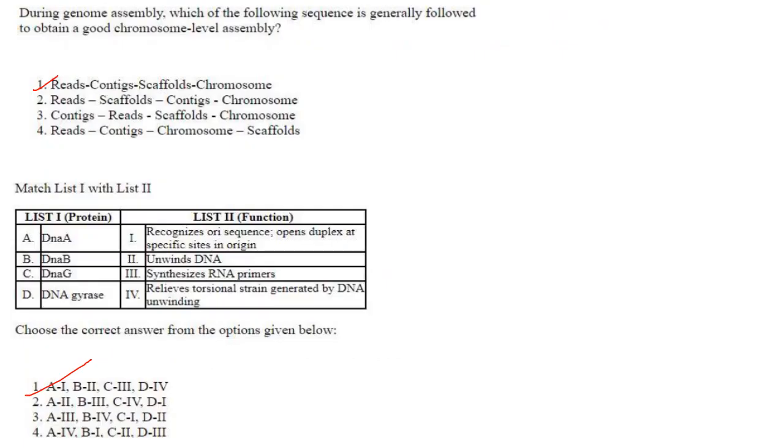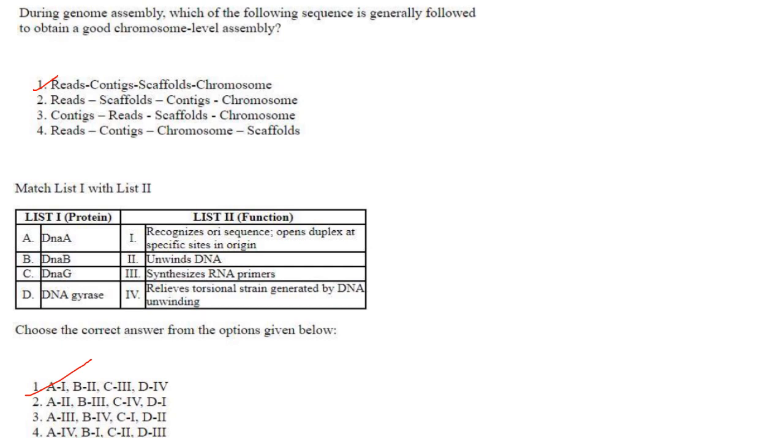Then next one. During genome assembly, which of the following sequence is generally followed to obtain good chromosome level assembly? So genome assembly, it is the process of taking a large number of short DNA segments or DNA sequences.